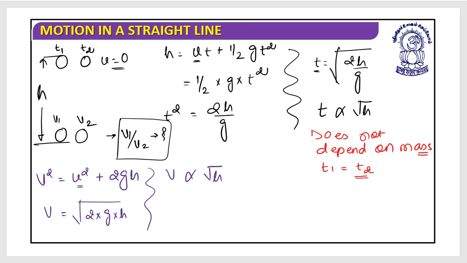Both the objects have been dropped from the same height, so v1 is to v2 should be equal to 1. Yes, even this velocity does not depend on mass. Time does not depend on the mass. Yes, I hope these things are clear to you.